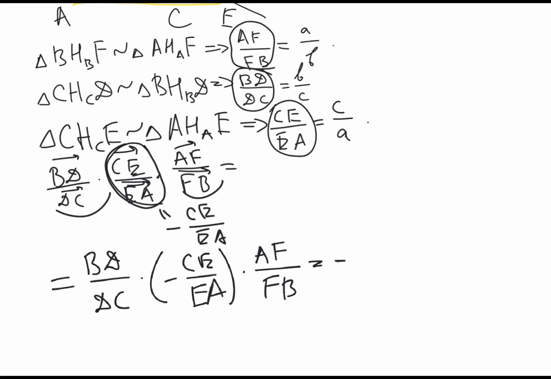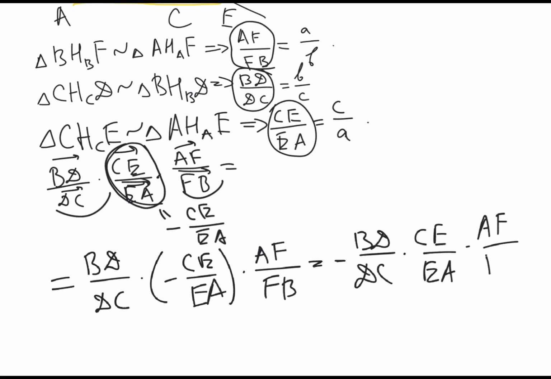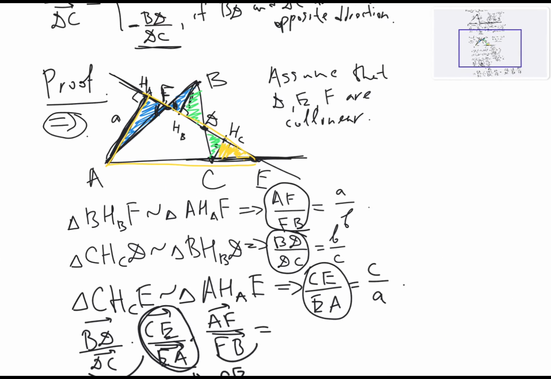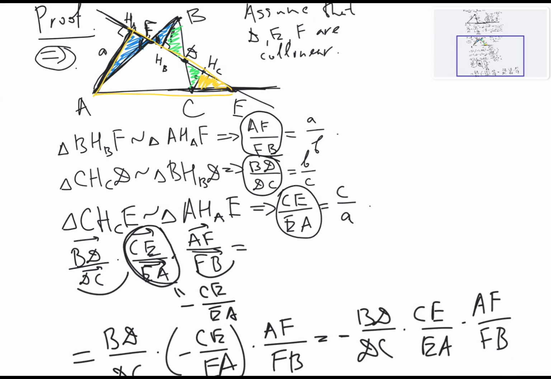So this is equal to minus BD over DC, CE over EA and AF over FB. Again, this is only in the case where the line passes as in the picture. So this is only one case among multiple cases that we need to consider.